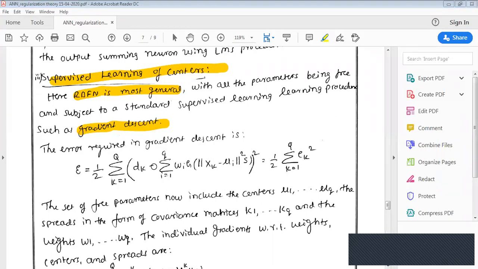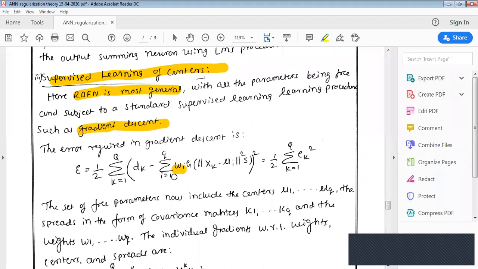Okay. Yes, sir. And the error required in the gradient descent algorithm is basically half of the sum over k equal to 1 to q, of dk, which is the output, minus the summation over i equal to 1 to q. You have chosen q basis functions, which were less than the number of iterations, and wi is the input weight vector. W naught is a constant.